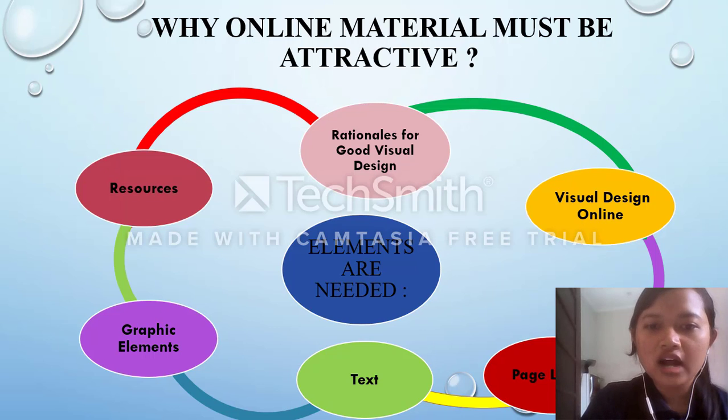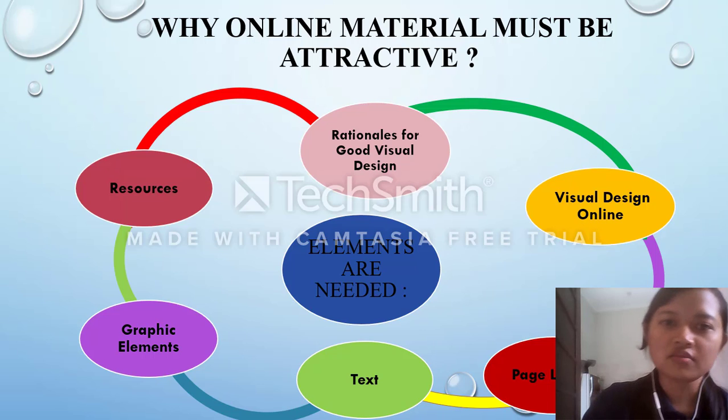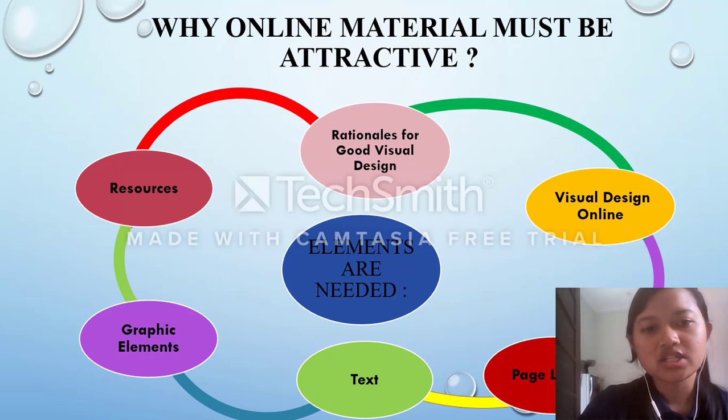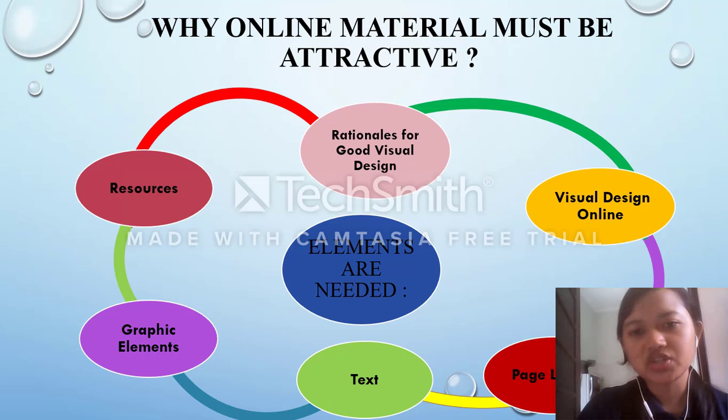And there are 6 elements. The first is rationales for good visual design. Good visual design promotes understanding through simplicity, clarity, and organization, and attractive page design, which will improve communication and avoid student confusion.